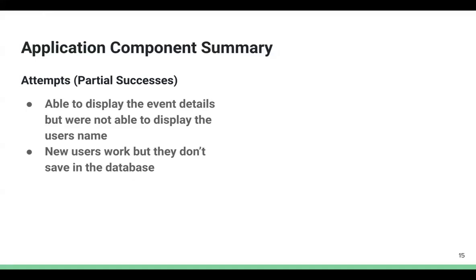Our attempts: we were able to display the event details, but we're not able to display username or various login info. We tried to put that in the event details, and we could not get it to function that well. And new users work, but they don't save in the database for the next time you open the software.